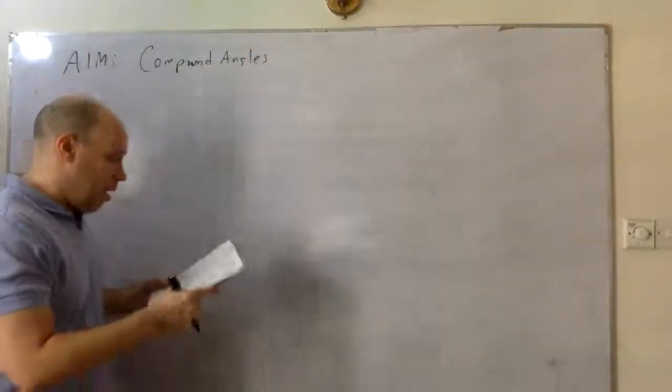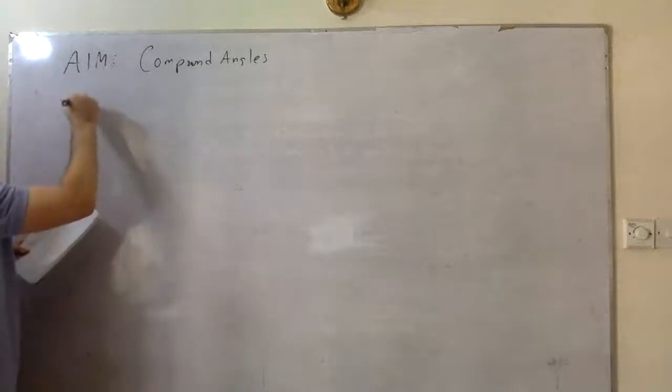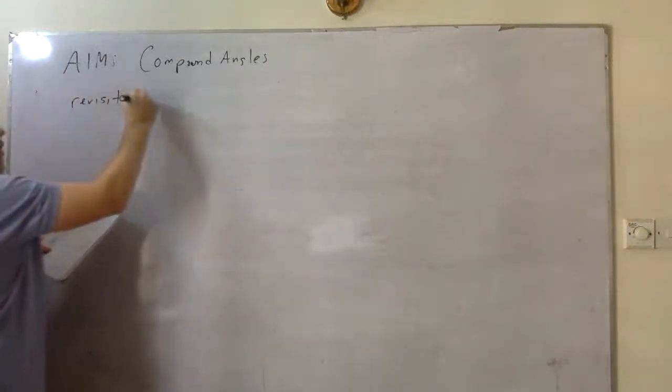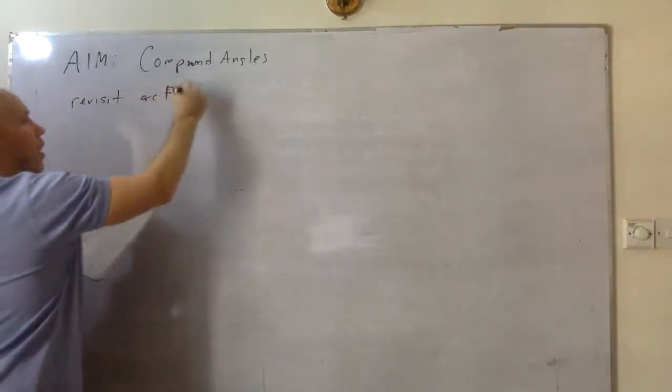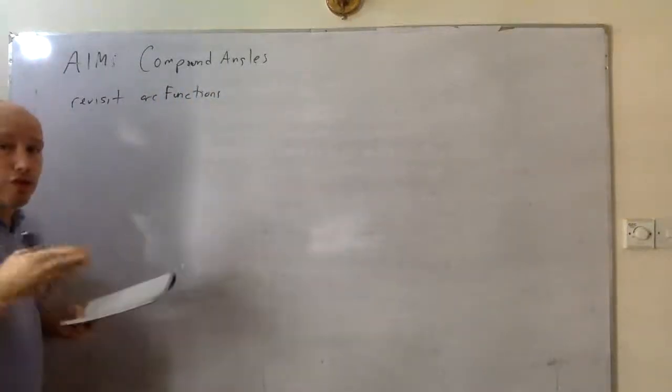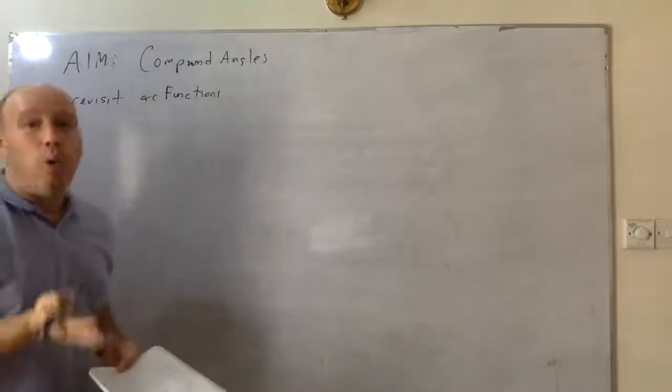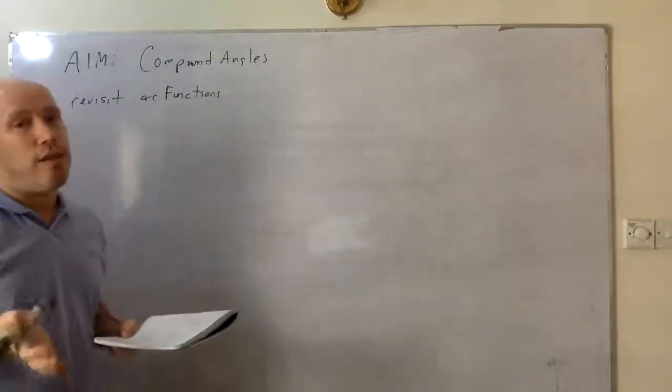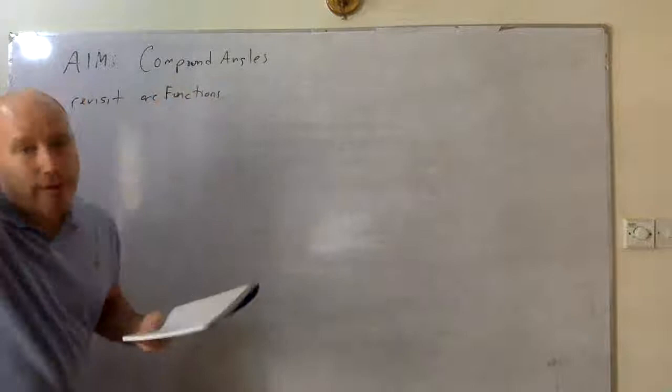Okay, I'm back. So we have to revisit arc functions. And what was the idea of arc functions? Once again, the whole concept of this course is about functions, mapping x values to y values.